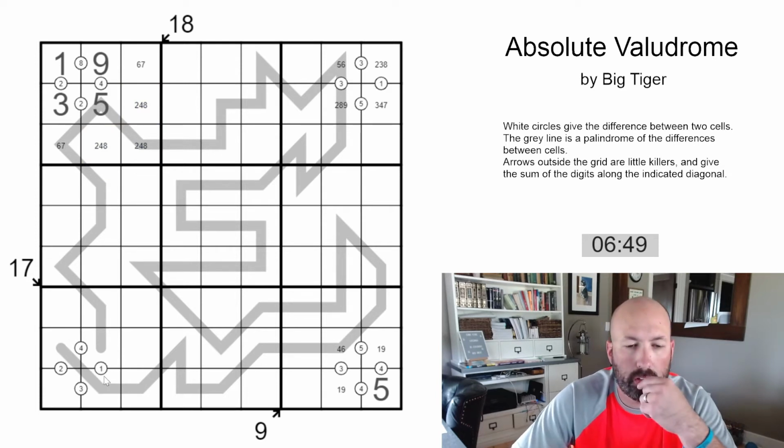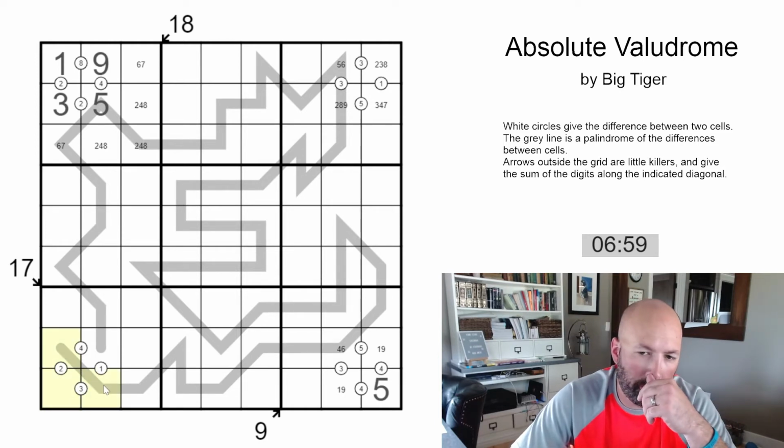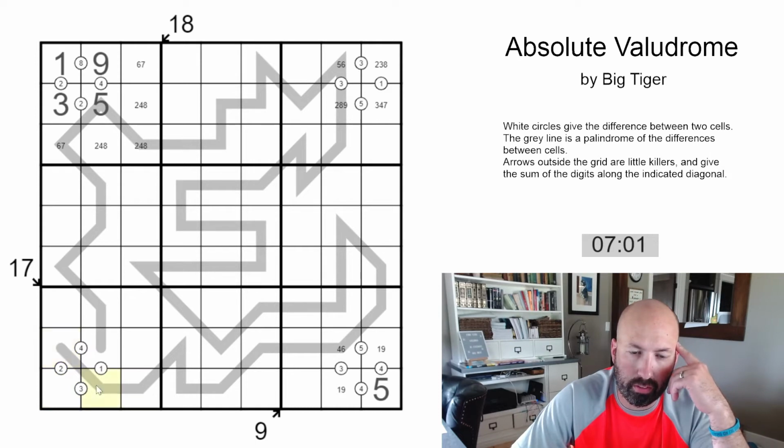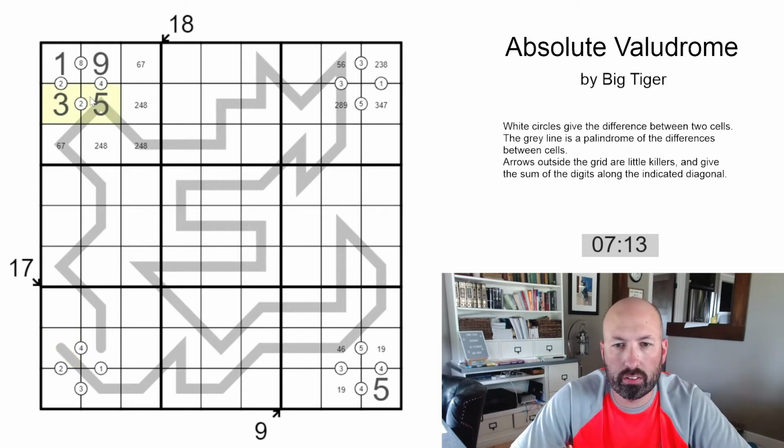Okay, so this difference of 4, 3. Now, these two could be as little as 1 difference, because you could go, like 1, 4, 2. So it can go up and back down. Okay, so that's less helpful. These, we can get rid of our 3 here.